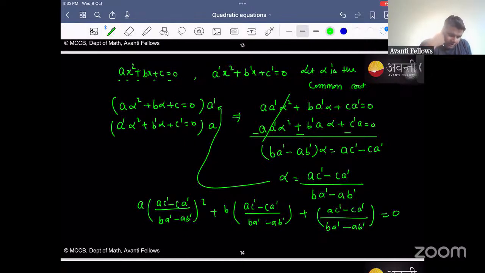Now you multiply this equation by (b a dash minus a b dash) whole square, and you will get that condition. Got it?